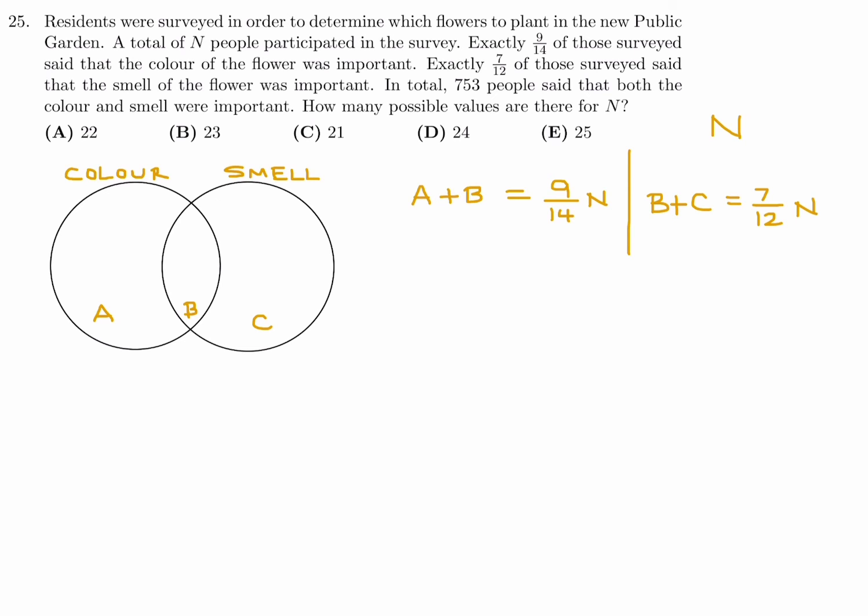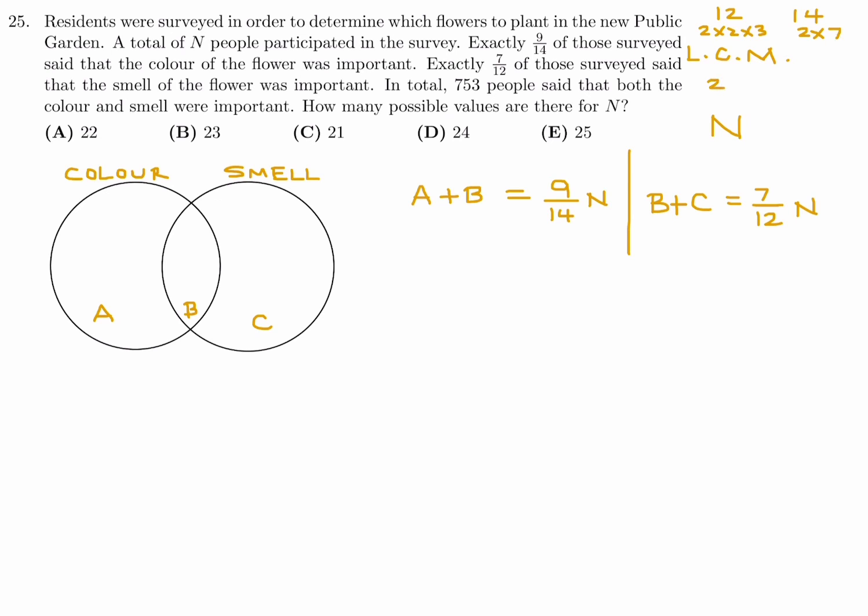So 12 and 14 is what n has to be a multiple of, both of those. So we have to find the least common multiple of 12 and 14. Well, 12 is 2 times 2 times 3, and 14 is 2 times 7.